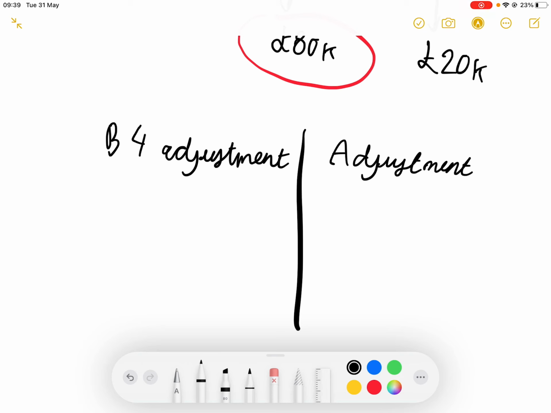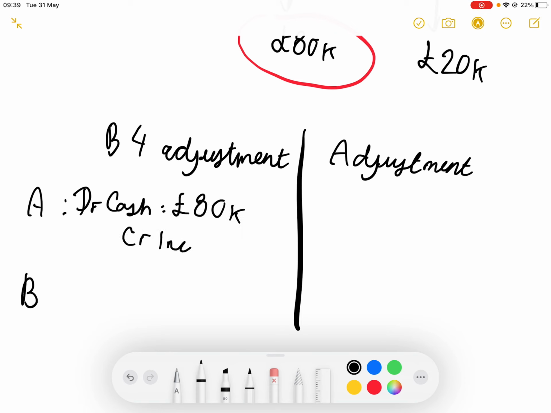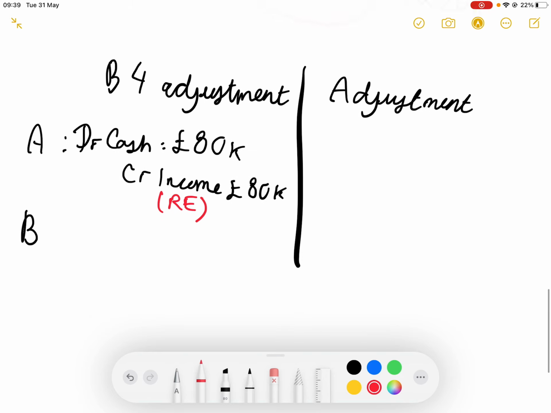So before the adjustment, the 80k: in A we recognized we received cash of 80k. I'm just assuming it was paid in cash, and we credited income of 80k. Now I want to make a point that income is part of retained earnings. Your profit and loss statement is basically included within your total retained earnings figure. That's one way of seeing it.